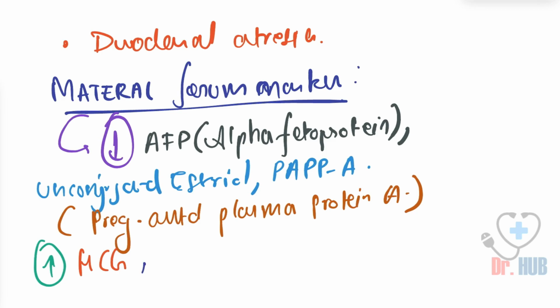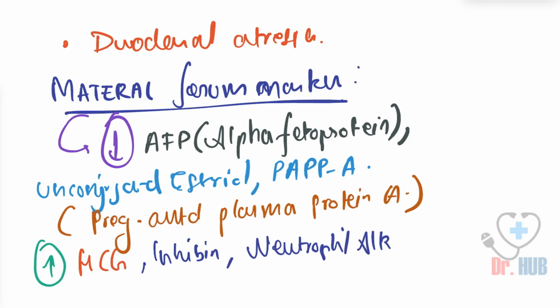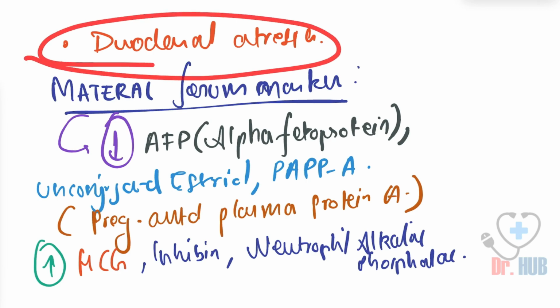And then there is inhibin, and also the neutrophil alkaline phosphatase.